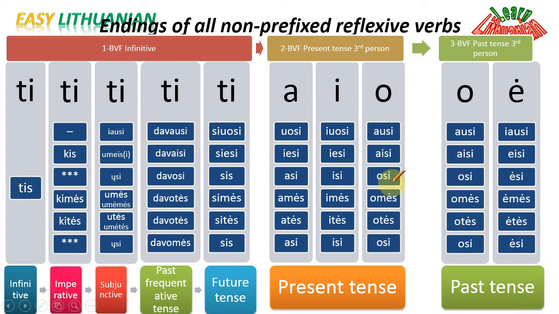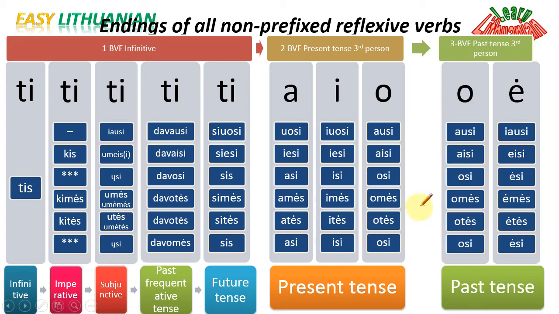So let's just overview this table, and let's at first see the common thing that is for all tenses and verb moods like imperative and subjunctive. Remember that when there is the first or second person plural, like we and you plural, you always have the ending me and te, which can be shortened in all tenses.